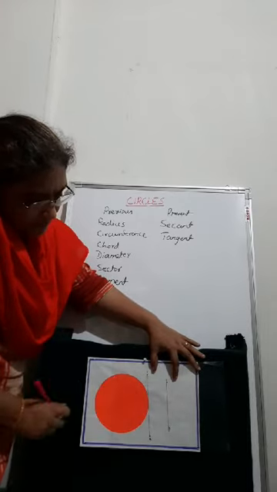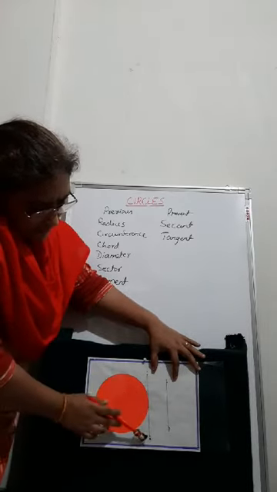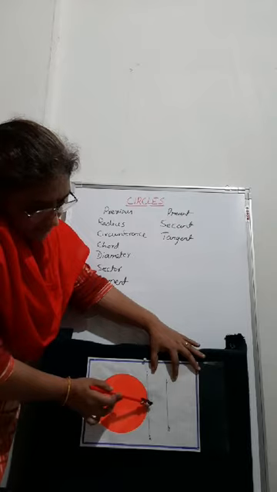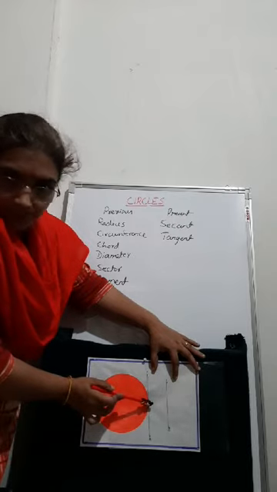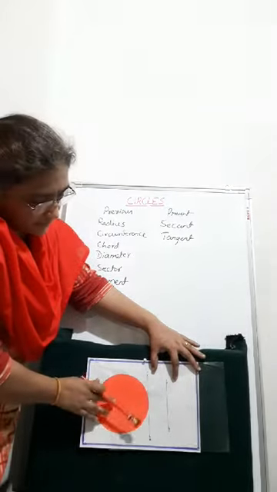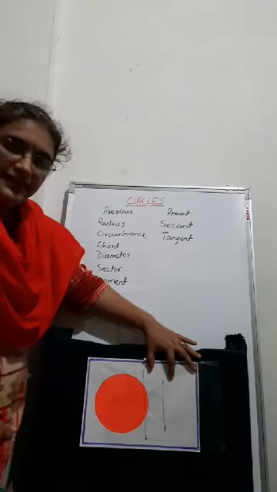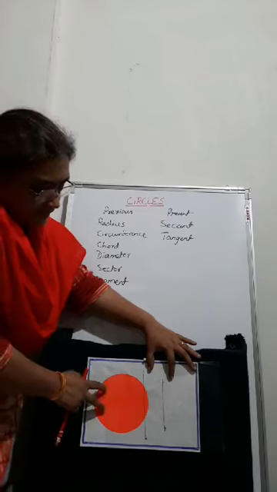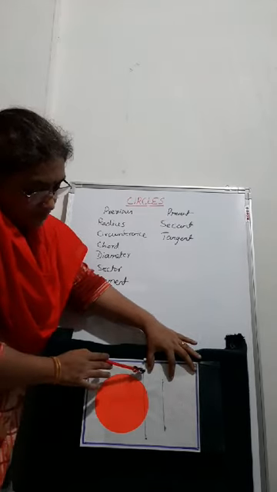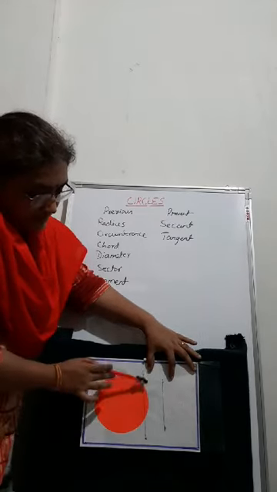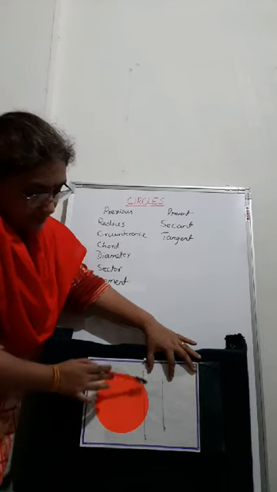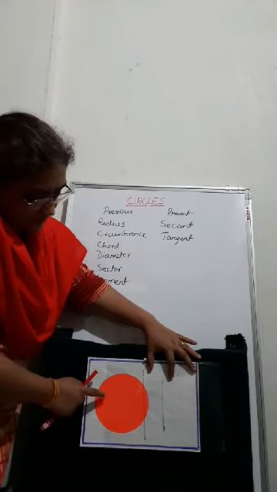Now what happened? This PQ line touches the circle at only one point. Okay, you note this. Next, it enters the circle, and also this PQ is outside the circle. These points are outside the circles.